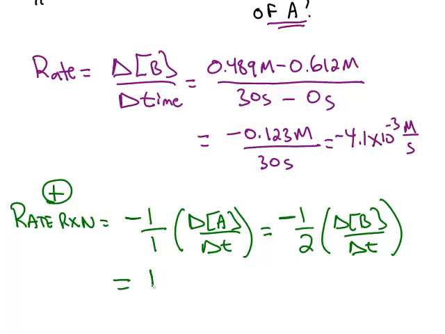Or we can look at this in terms of chemical C. Chemical C is a product, so its rate of change will already be a positive number, so we don't need the negative sign. C's coefficient was also a 1, so we have plus 1 over 1 times the change in concentration of C divided by the change in time. All of these are equal ways of defining the rate of this reaction.